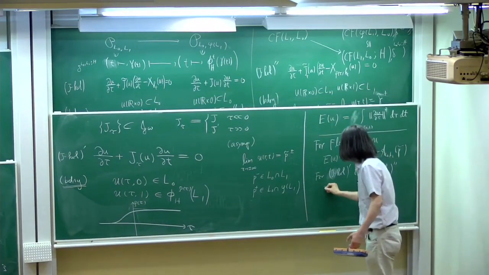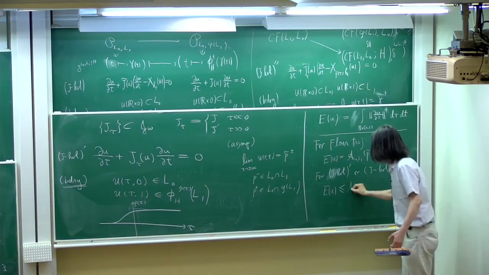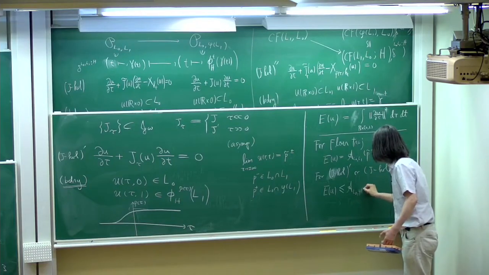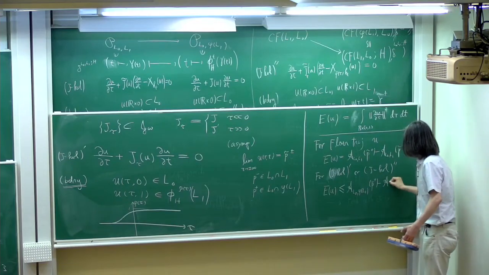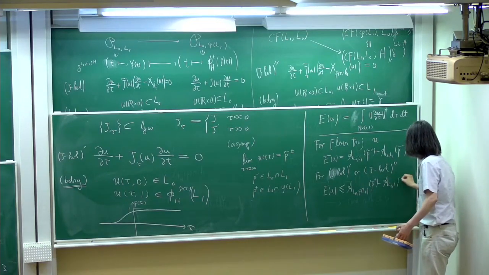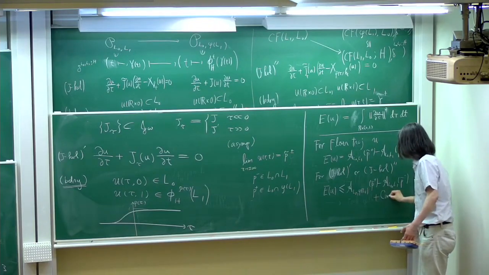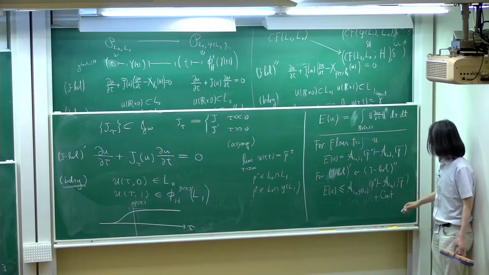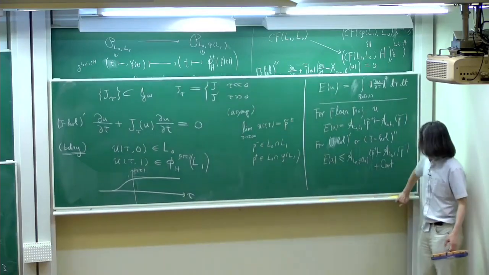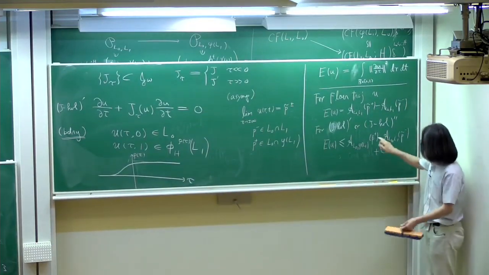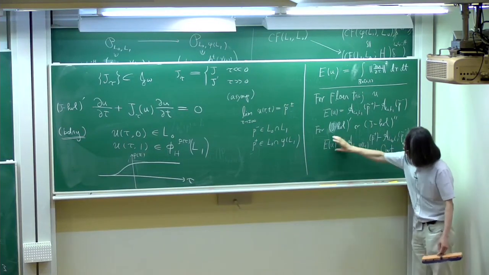But E of u is actually bounded by the difference, like A of L0 and phi(L1) of P tilde plus, minus A of L0, L1 of P tilde minus, plus some constant. The constant doesn't depend on the point, and doesn't depend on the solution. So we have this kind of estimate. Therefore, if you fix these two endpoints, although this is not an equality, this energy is bounded.